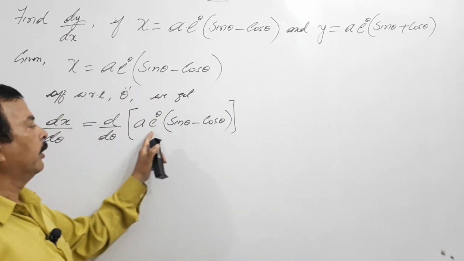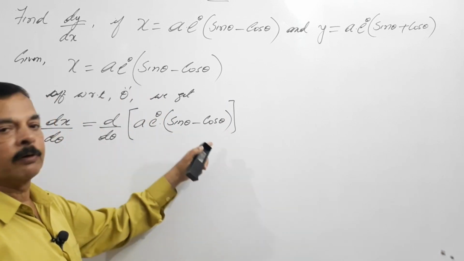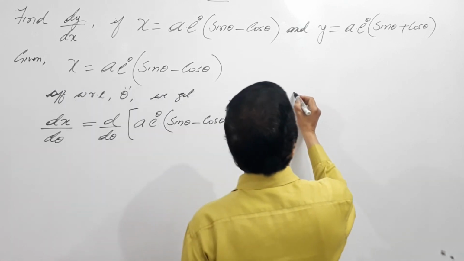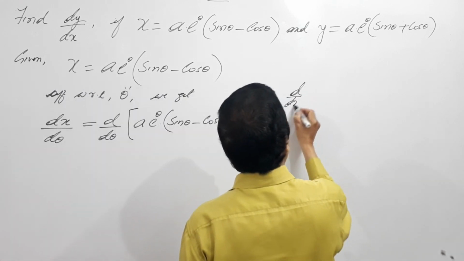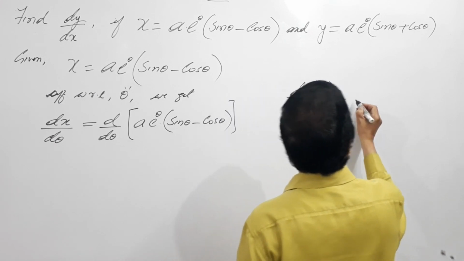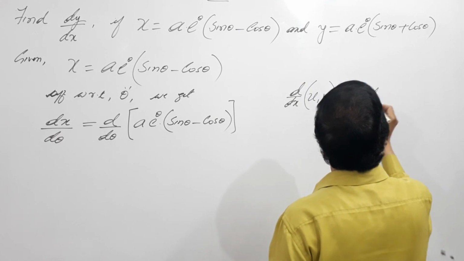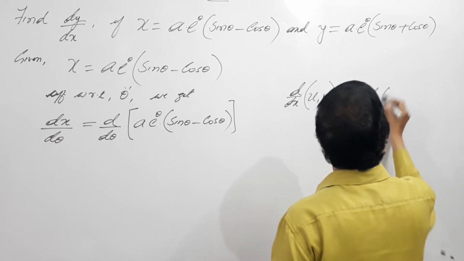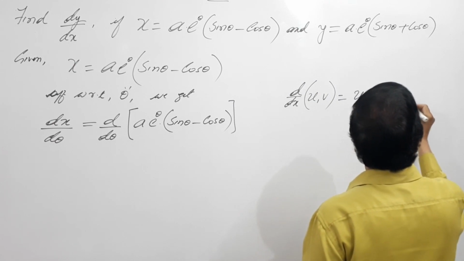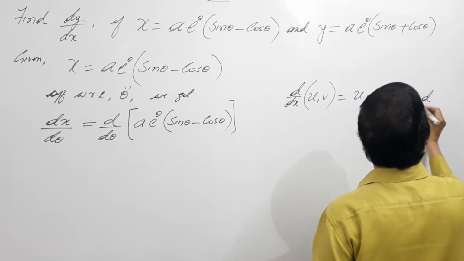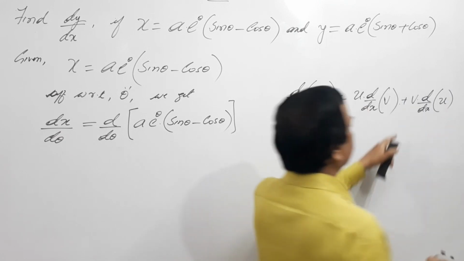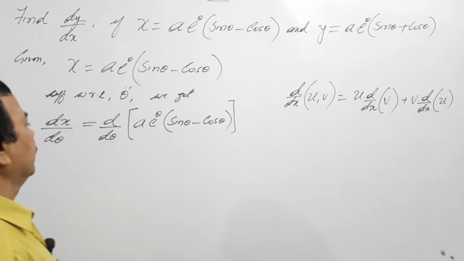Here we have to use the product rule, because there are two functions, u and v. You know the product rule, I'll teach you once again. d by dx of u and v equals: first keep the function as it is, differentiate the second function, that is v, plus v into d by dx of u. This is the product rule. So I am going to use this here.